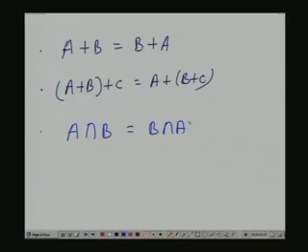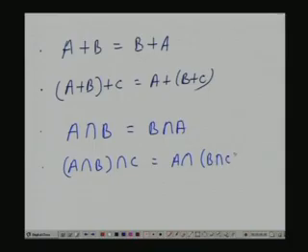How about this? Is it the same as the other? In fact I am using this intersection, but actually interchangeably I will use it in the product sense also, that is AB. AB is BA and ABC is ABC.